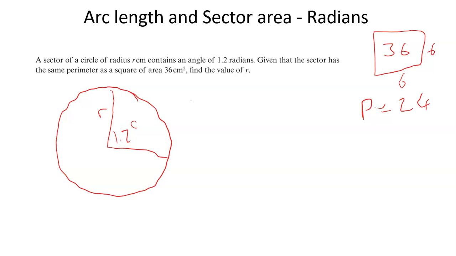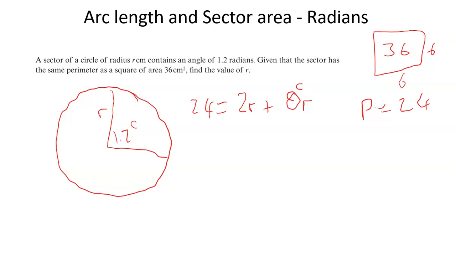So we can say that 24 equals the radius plus the radius, 2r, plus the arc length, and because it's in radians, it's just the angle times the radius. The angle in radians times the radius. That's what we saw previously.